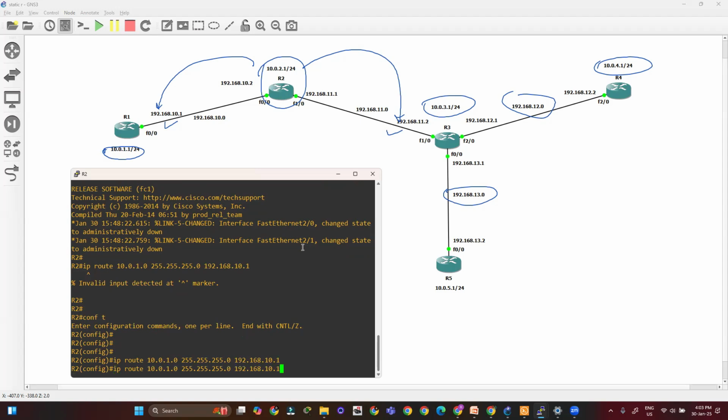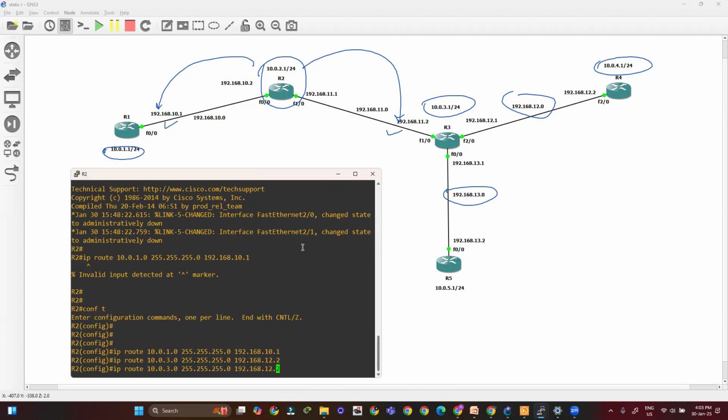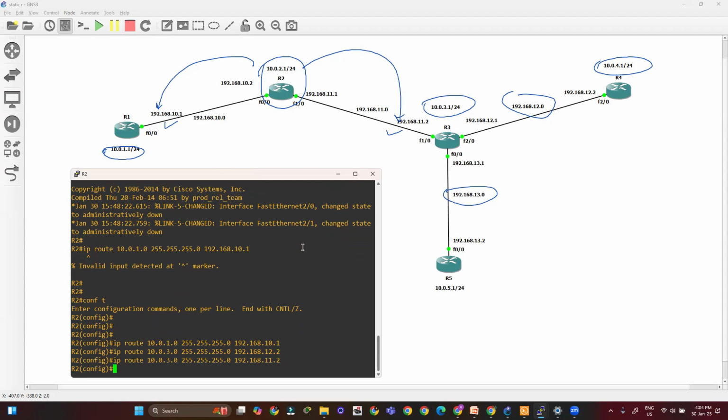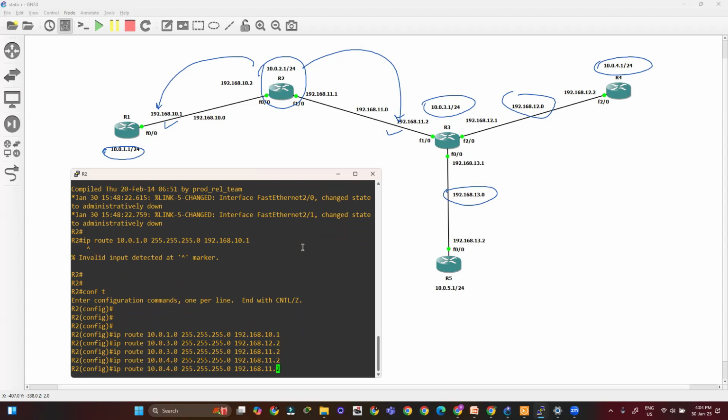ip route 10.0.3.0. But for the right side we have a different next hop address, that is 192.168.11.2. So we have to mention 11.2 for 10.0.3.0, 10.0.4.0 and 10.0.5.0.